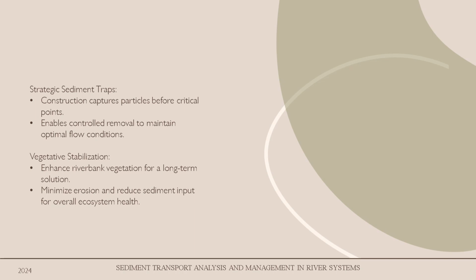Next, the construction of sediment traps emerged as a strategic approach, capturing particles before critical points and facilitating controlled removal for optimal flow conditions. Complementing this active measure, vegetative stabilization through enhanced riverbank vegetation minimizes erosion and reduces sediment input for long-term river ecosystem health.